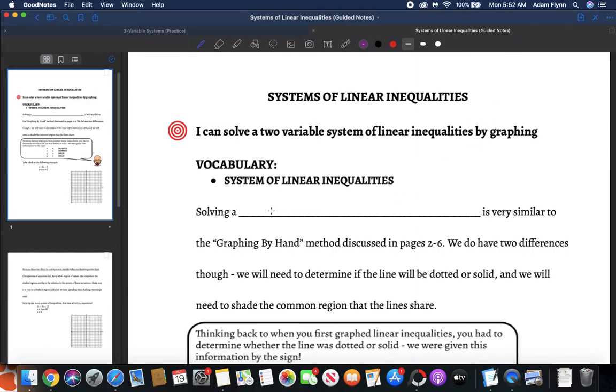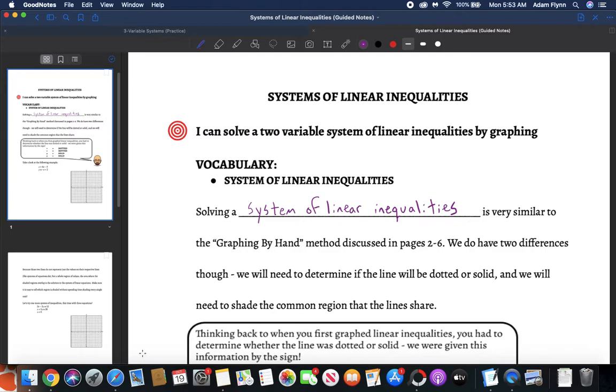Okay, so solving a system of linear inequalities is very similar to the graphing by hand method, which we did probably one of the first things we did in the school year if you are in Algebra 2.